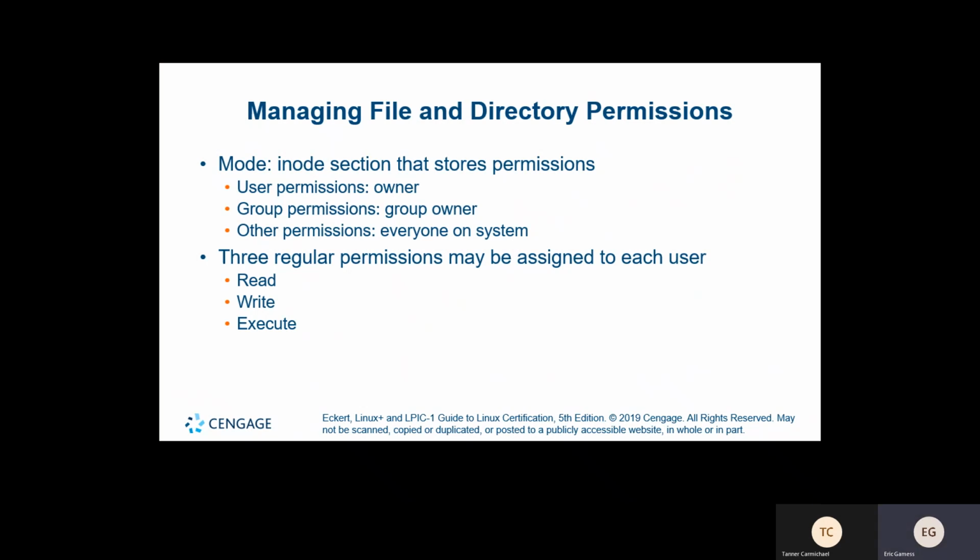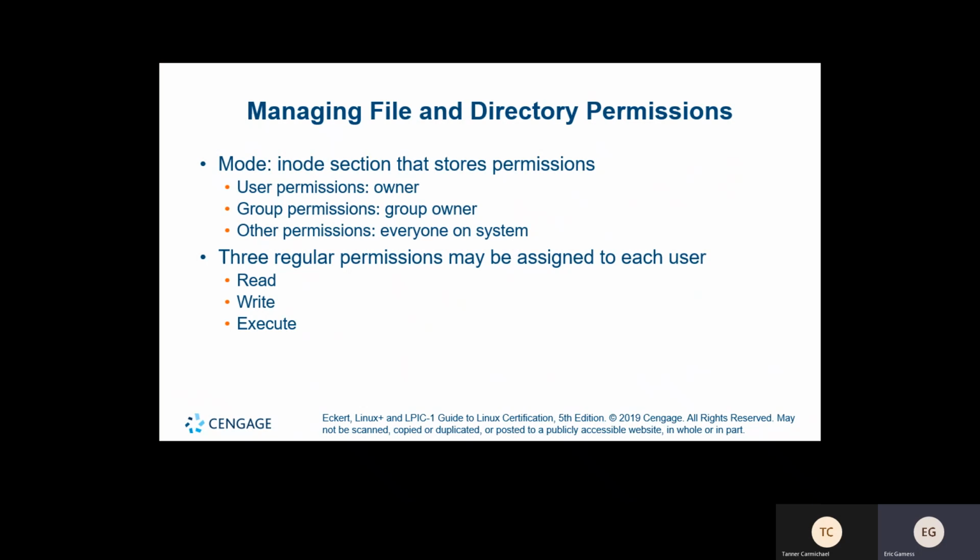When I say file, it's any type of file. It can be a directory, an ordinary file, a special block file, a special character file. It can be a soft link. It can be anything we have in a Unix machine.